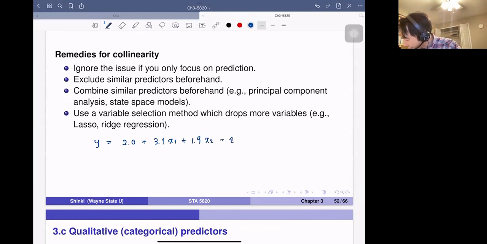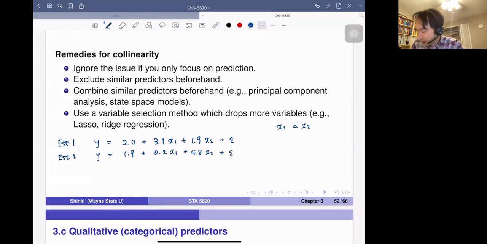Suppose that for simplicity, x1 is almost the same as x2. Estimation 1 is from one data set, and estimation 2 is the same estimation from another data set. Then we got, for example, 1.9 plus 0.2x1 plus 4.8x2 plus epsilon. So you can see that the situation is terrible.